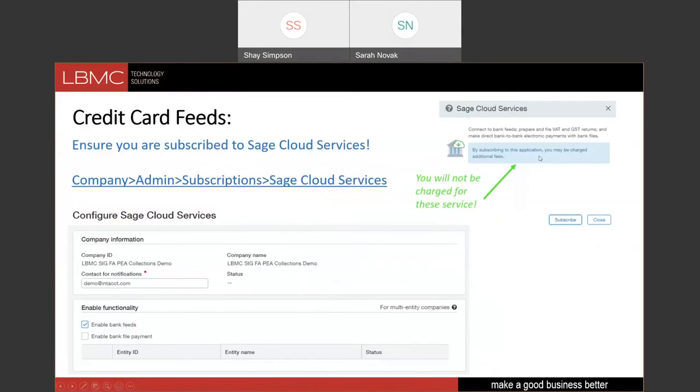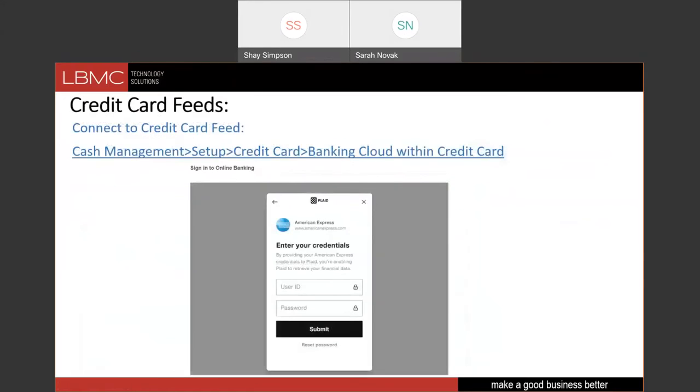Now, obviously, it's always going to pop up with this box, but you will not be charged for these services. This is included with your Intacct subscription. Once you subscribe, you're going to enable those bank feeds. And then we are going to connect to the banking cloud for those credit cards.